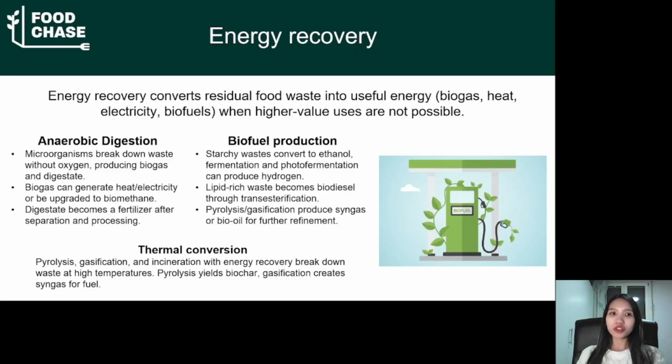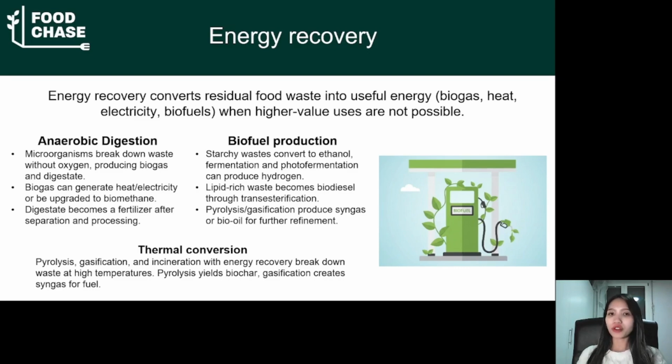In this approach, microorganisms break down waste in the absence of oxygen, producing biogas and digestate. The biogas that we obtain can generate heat, electricity, or be upgraded to biomethane. The digestate that we have just mentioned in the previous level become a fertilizer after separation and processing.